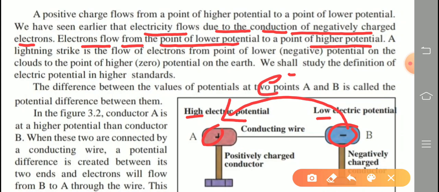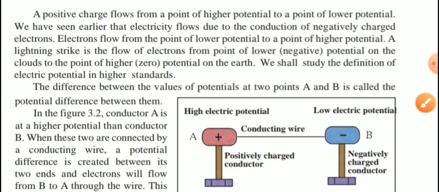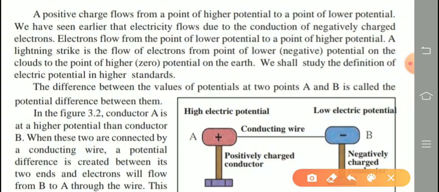Remember this thing. But in the first line, what did we learn? Electric charge flows from positive to negative. But from negative to positive, what is flowing? Electrons are flowing from negative to positive, that is from lower potential to higher potential terminal. Why are electrons flowing in the opposite direction?